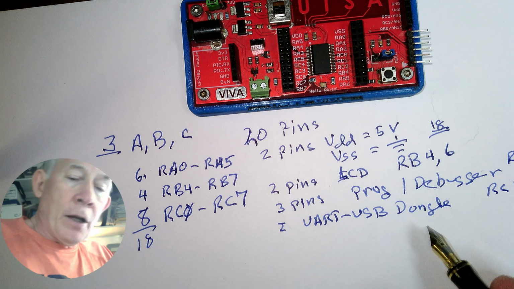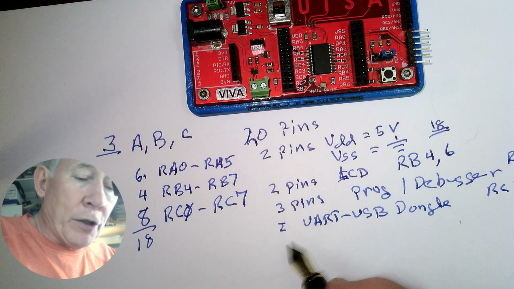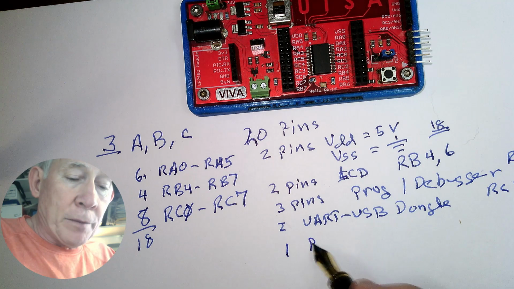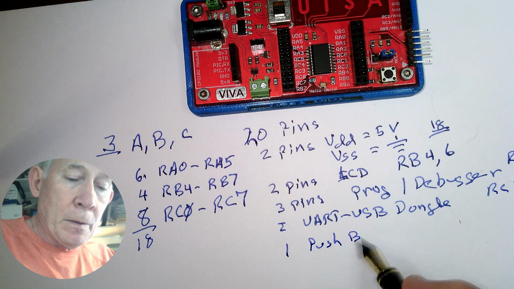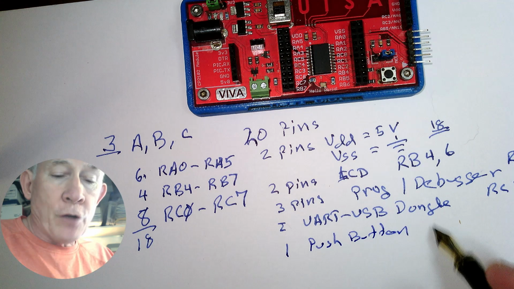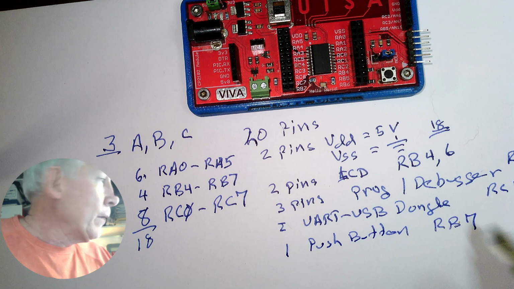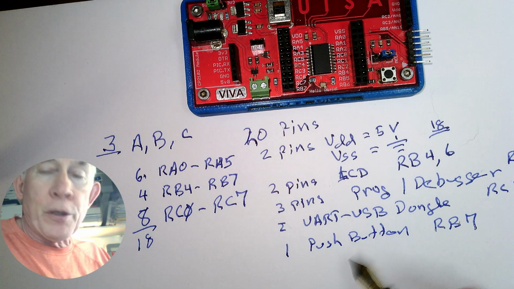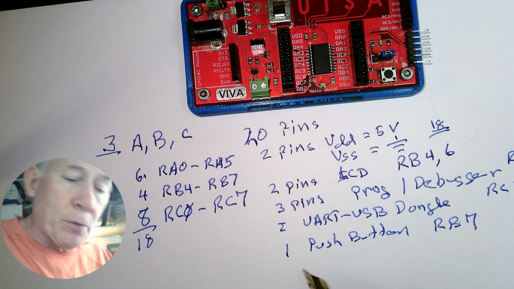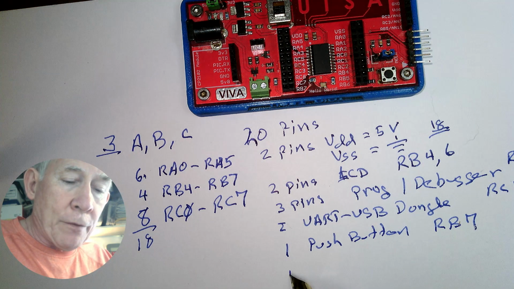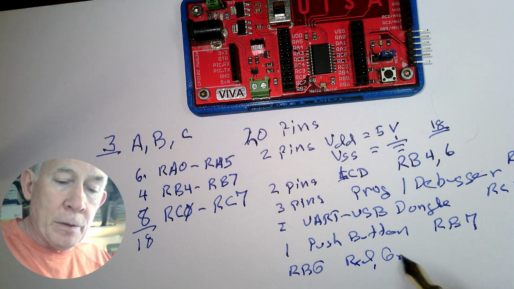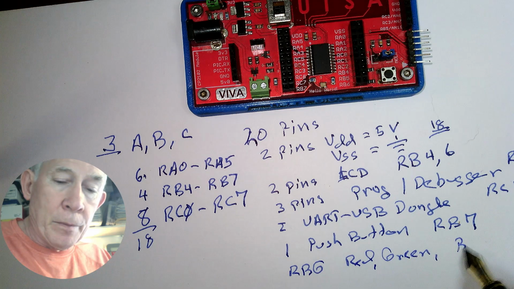Okay, and then we thought we might want to use the push button, so we have 1 push button, and that's on RB7. And then I wanted to avoid using the 3 RGB LED colors if possible. So we have red, green, and blue.